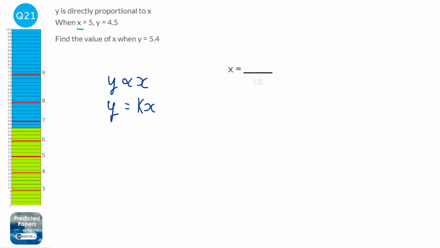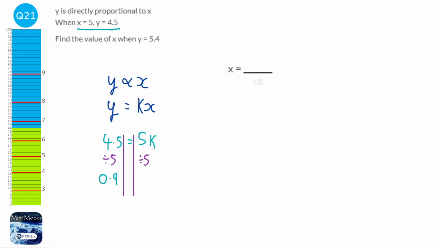So it says to us that when x is 5, y is 4.5. So when y is 4.5, and then we've got x is 5. Then I'm just going to quickly solve that, get my lines in, and divide both sides by 5. And so that's going to be 0.9 equals k.